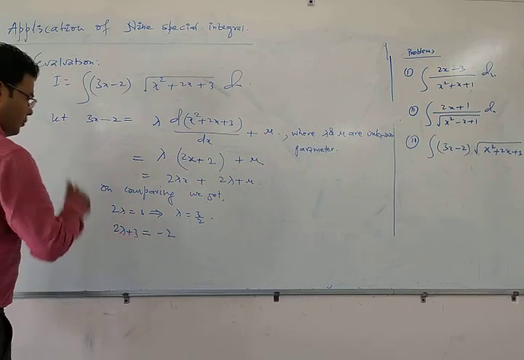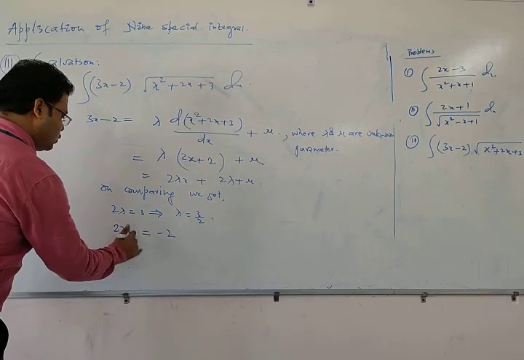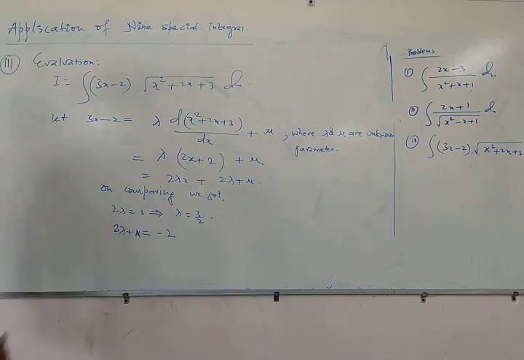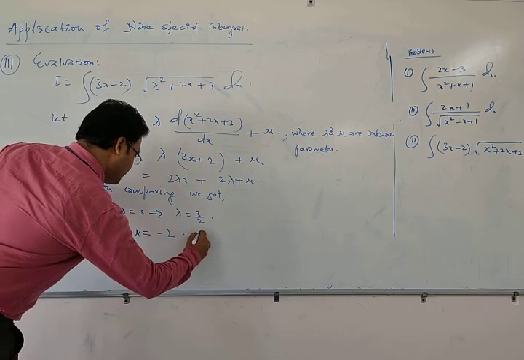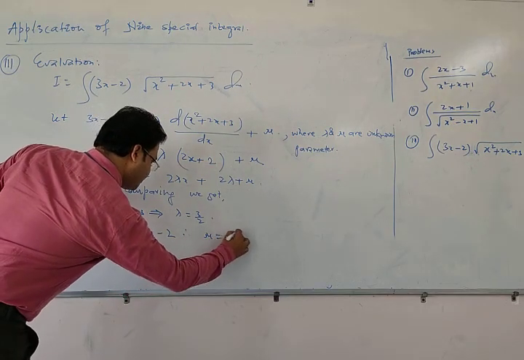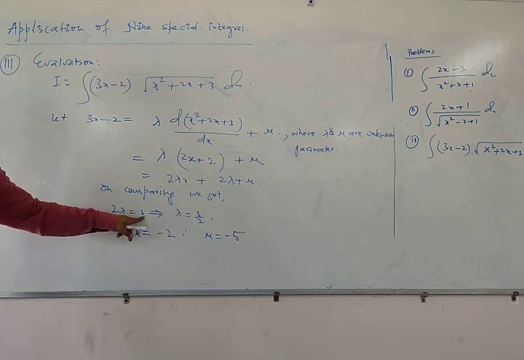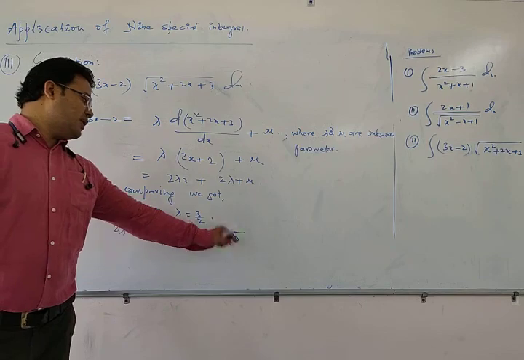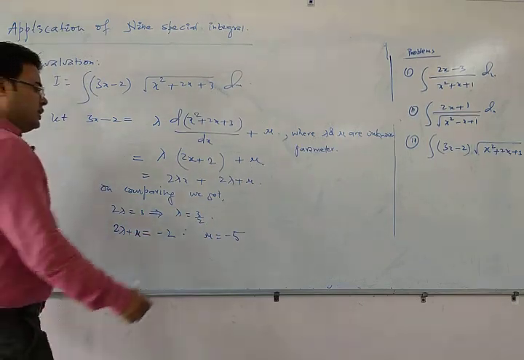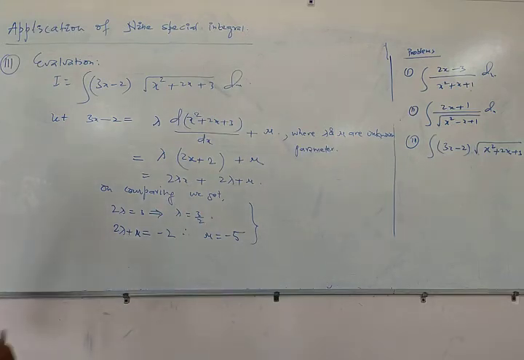So 2 lambda plus mu is equal to minus 2. In place of 2 lambda you can write 3, because 2 lambda is equal to 3. So 3 plus mu is equal to minus 2. Therefore mu is equal to minus 5. Here we get the value of both lambda and mu.